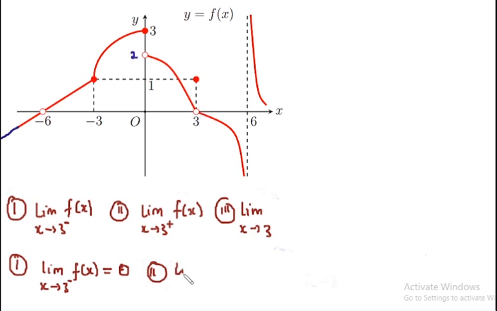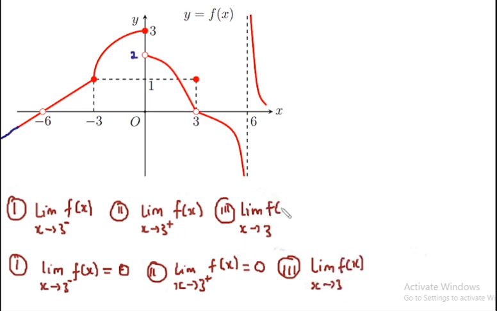So that means the limit as x approaches 3 from the right hand side is equal to 0. For the general limit to exist, this has to be equal to this. Now since this is equal to this, that means the general limit is settled. The limit as x approaches 3 of f of x is equal to 0.